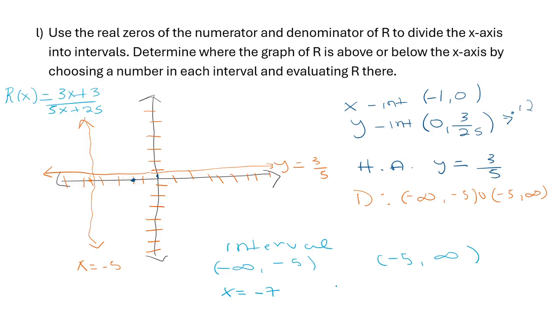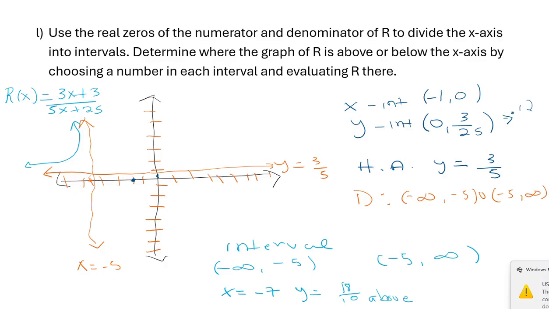When I do that, the y value that I get is 18 over 10, which is a positive number. Therefore, it's going to be above. So my graph is going to look somewhere here.